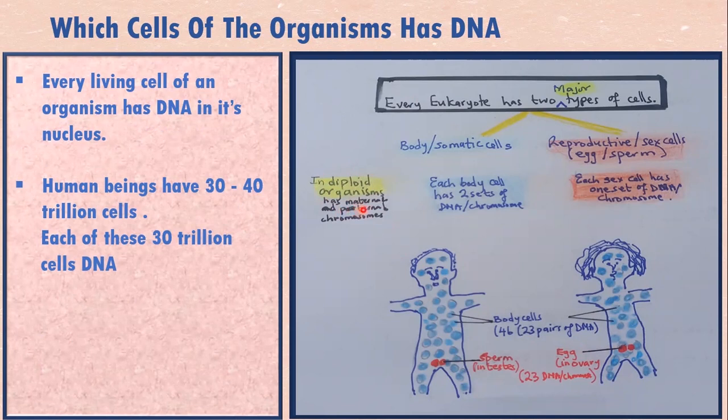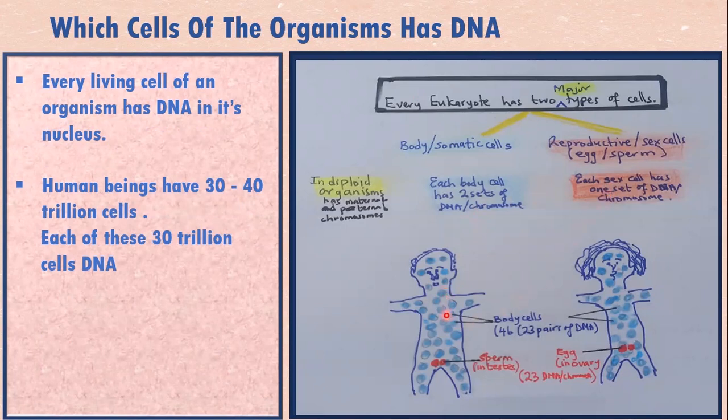It has two. So each body cell, the blue cells, have DNA, but two sets of DNA or two sets of chromosomes. And the reproductive cells, which are the sex cells, egg or sperm, have only one set of DNA.